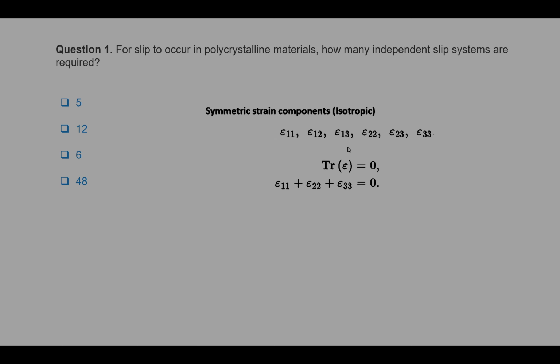This is asking: for slip to occur in polycrystalline materials, how many independent slip systems are required?